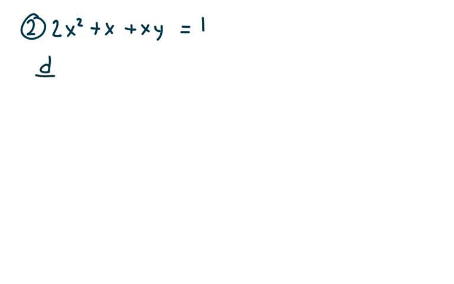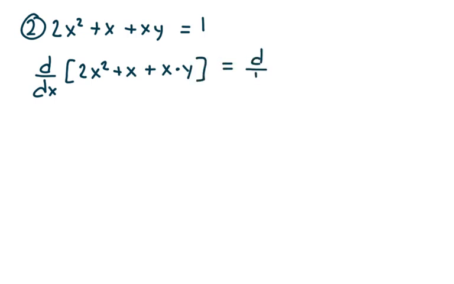So we're going to take the derivative of 2x squared plus x times y with respect to x, and set this equal to the derivative of 1 with respect to x. Now, the derivative of 2x squared with respect to x is 4x.